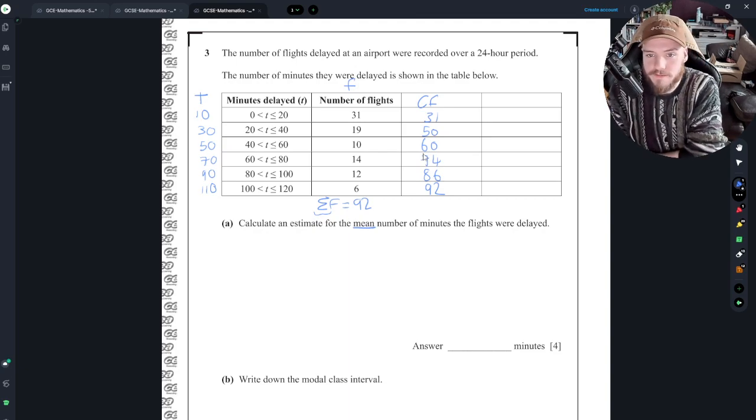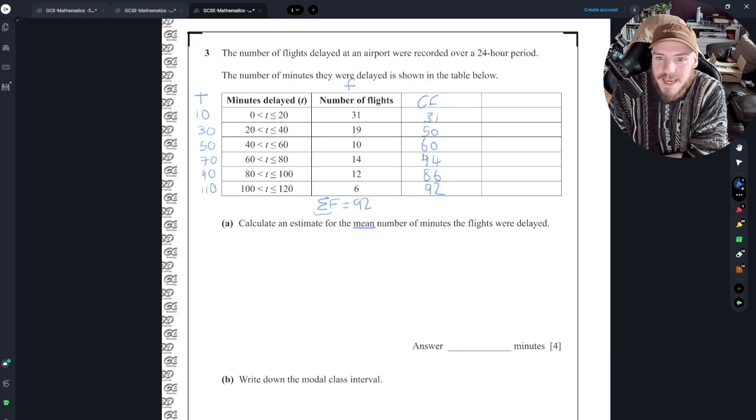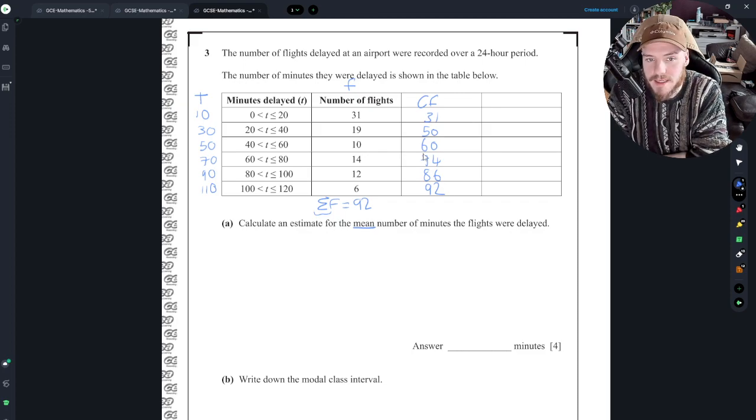So one of our columns is CF. The next column would be XF, or in our case, TF. It's going to be our midpoint multiplied by the number of flights. This will give us the total number of minutes delayed for that range.